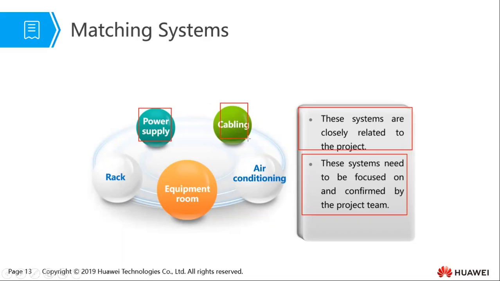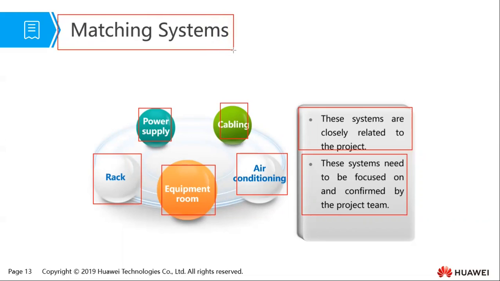You need to know about the cabling. You need to know about the air conditioning and the equipment room. The equipment room is where all these are going to be installed, and also the rack where you're going to install the switches and the routers. All this must be considered, and they are what we're referring to as matching systems in a network project.